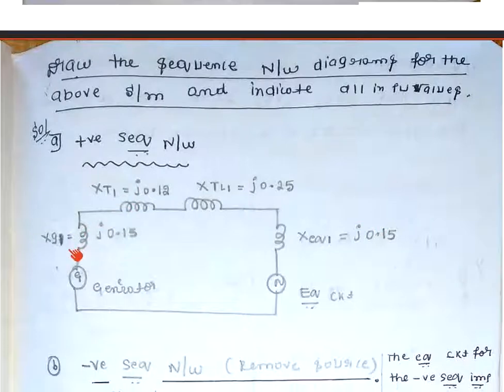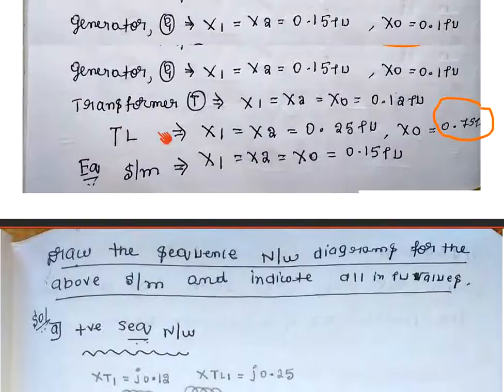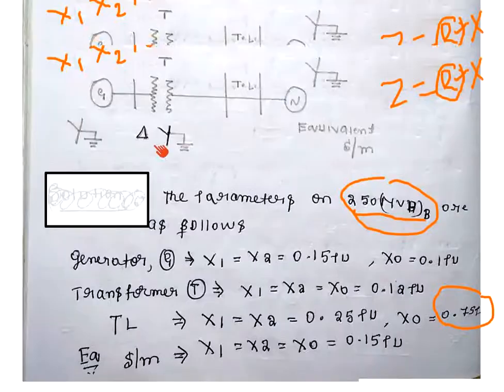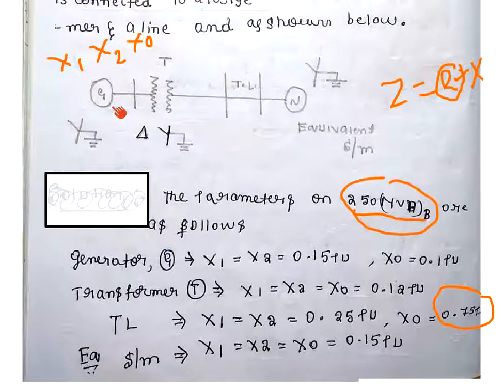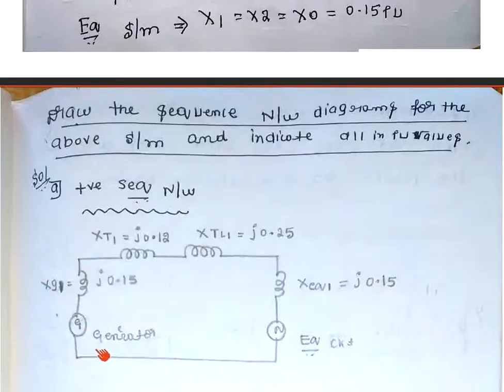If I draw for the zero sequence network, instead of 2 I will get 0. 1 indicates positive, 2 indicates negative, and 0 indicates zero. The generator is connected to the reactance given in the question, j0.15.